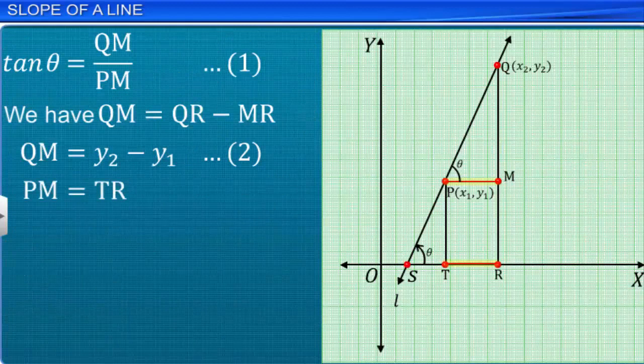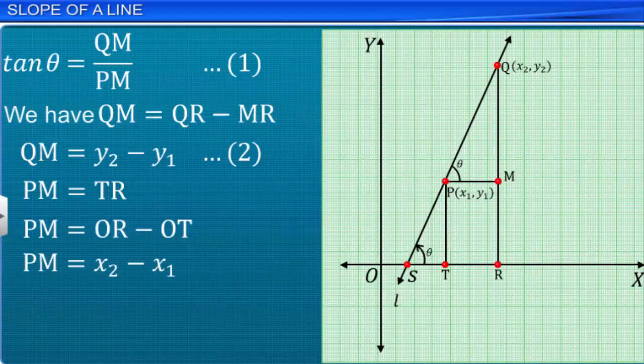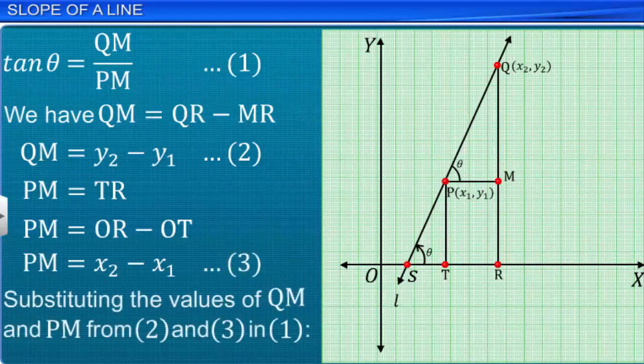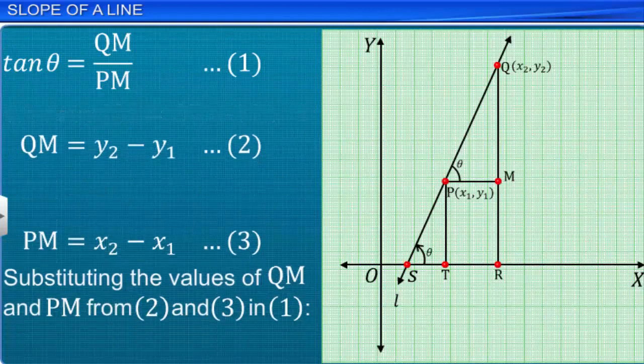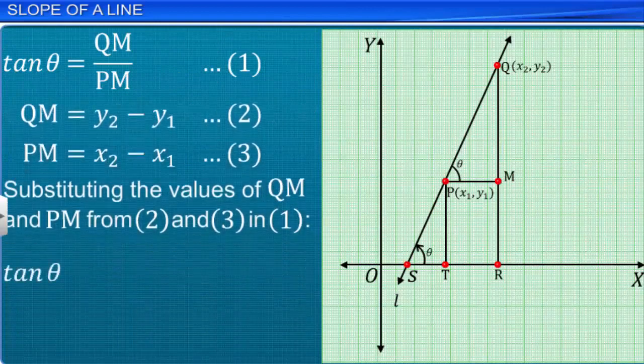This means PM is equal to OR minus OT or X2 minus X1. Let this be equation 3. Substituting the values of QM and PM from equations 2 and 3 in equation 1, we get the value of tan theta as (Y2 minus Y1) upon (X2 minus X1).